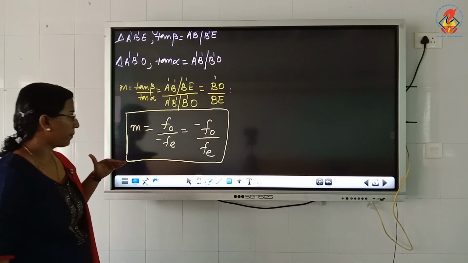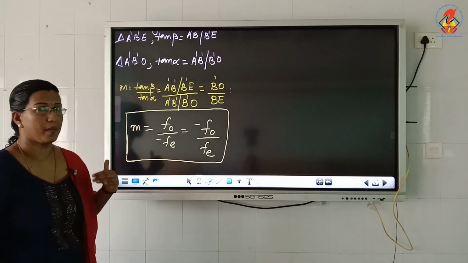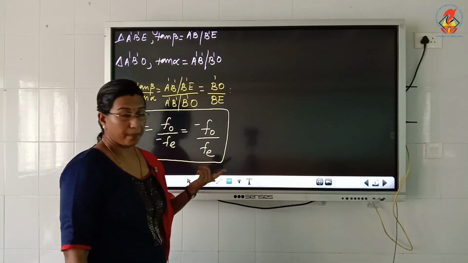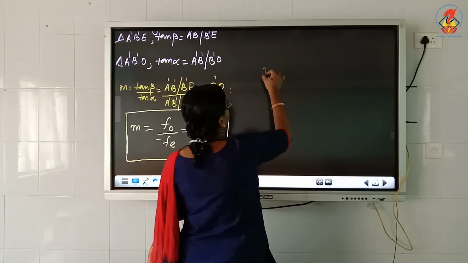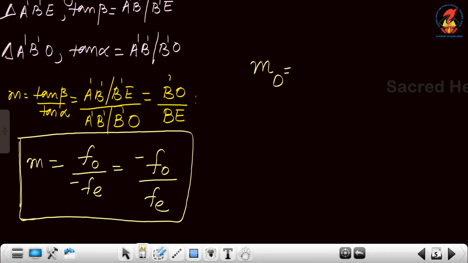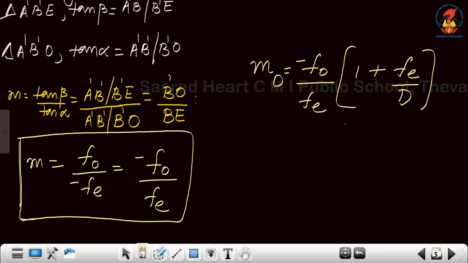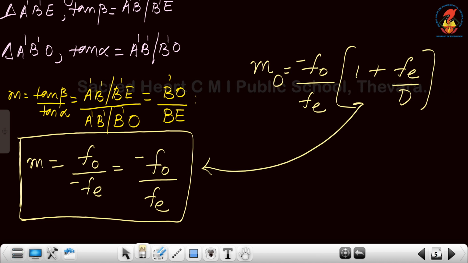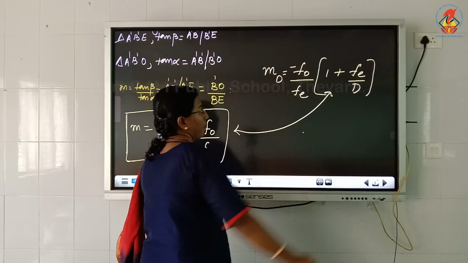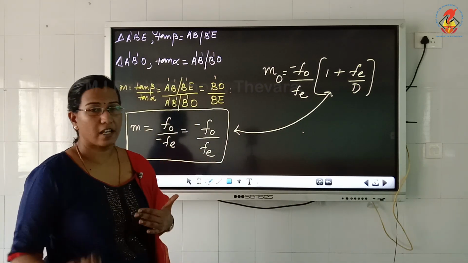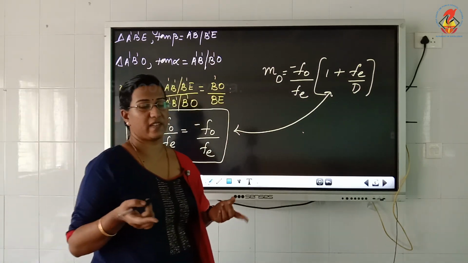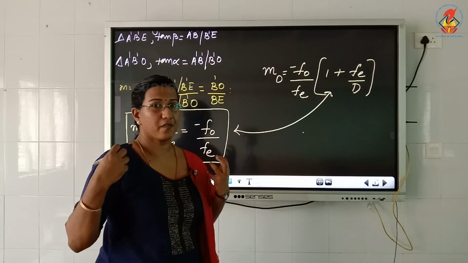Now, if we compare this equation with the equation for magnification for near point, what was the equation? It is minus F0 by Fe into 1 plus Fe by D. When you compare these two equations, we can see that magnification is more when the image is at near point, but as I told you in the previous videos, it is very strained for an eye.